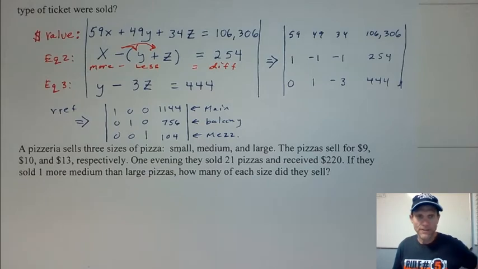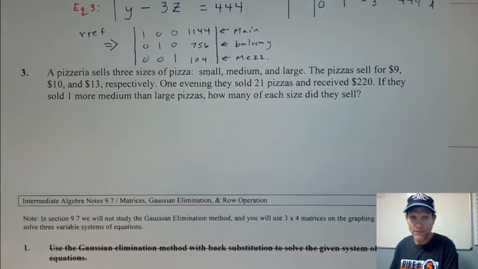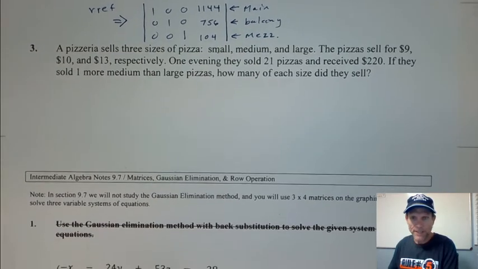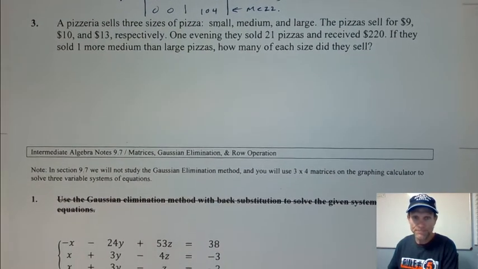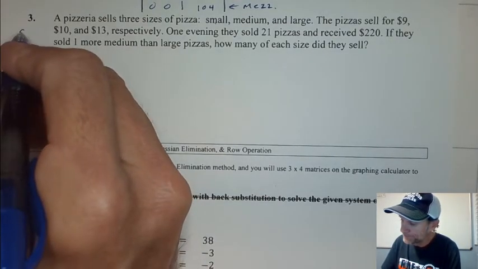We'll look at another application problem a little bit later. You'll see number 3 on your packet here. We're going to do that next. I think I'll just add it onto this video so you can see it. This one actually comes up in 9.7.